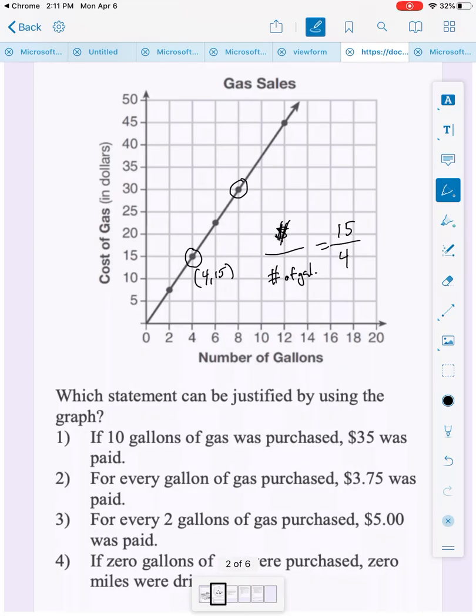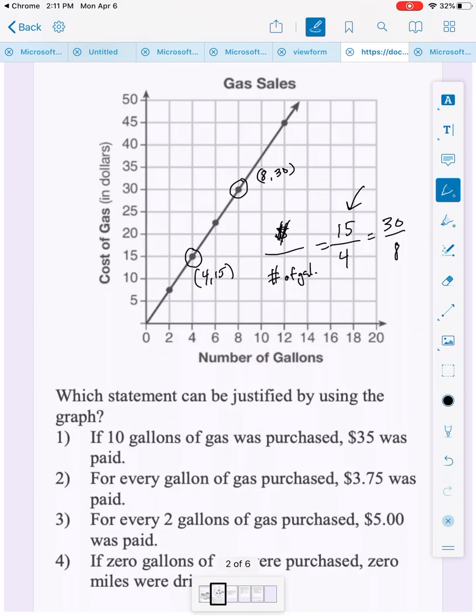Our next one that I see is 8 gallons of gas, double the 4, and it costs $30, which is double the 15. So that's an equivalent fraction there. Now, the question is, what do these fractions reduce down to? Because right now they're improper fractions.